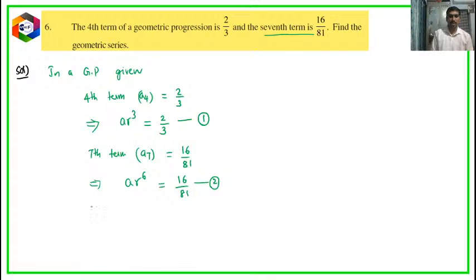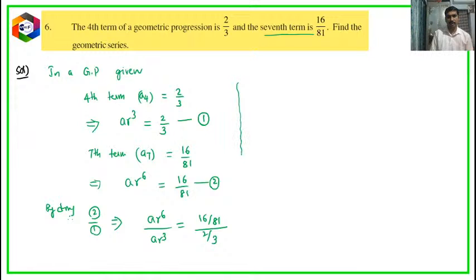So I am going to do equation 2 by equation 1. Left-hand side AR power 6 by AR power 3 is equal to 16 by 81 divided by 2 by 3.